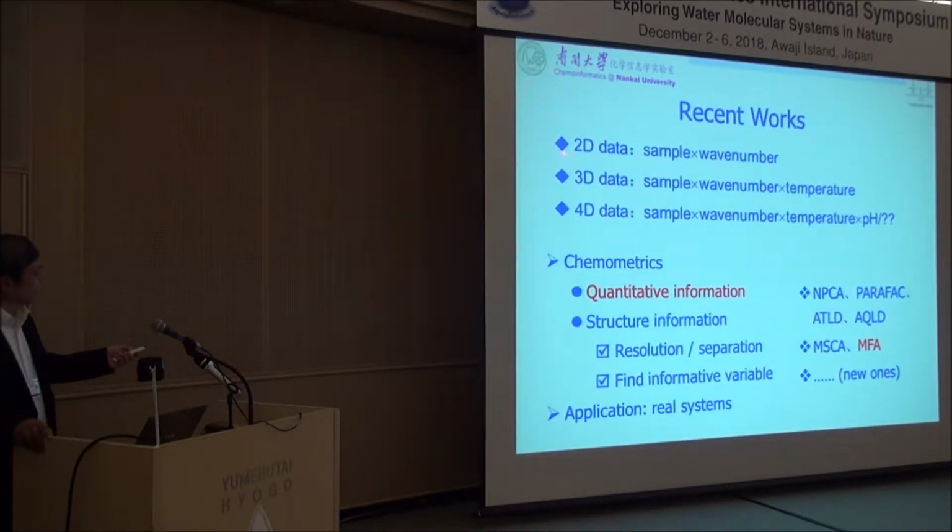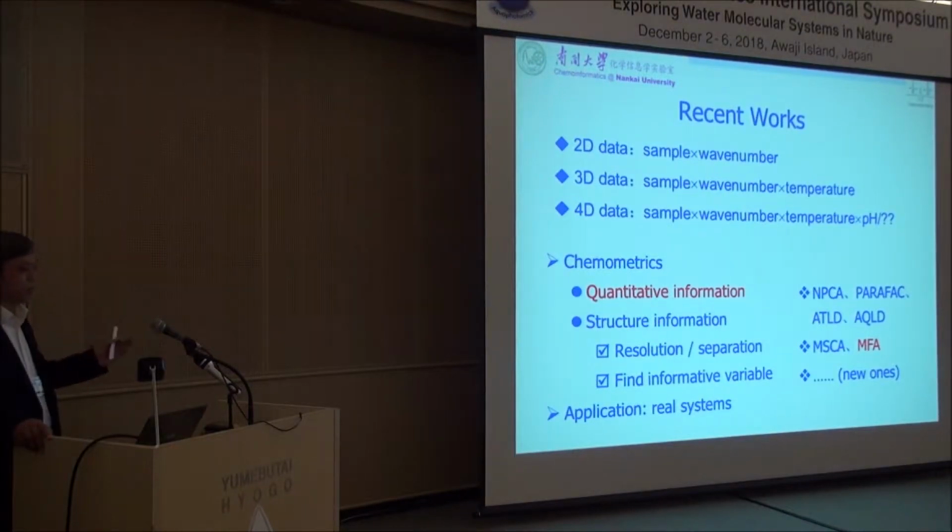Generally, we have a two-dimensional data matrix. We have different samples measured at different wave numbers. But if the temperature is involved in the experiment, we have a 3D array of data. And if other factors are involved in the experiment, we have higher dimensional data arrays.